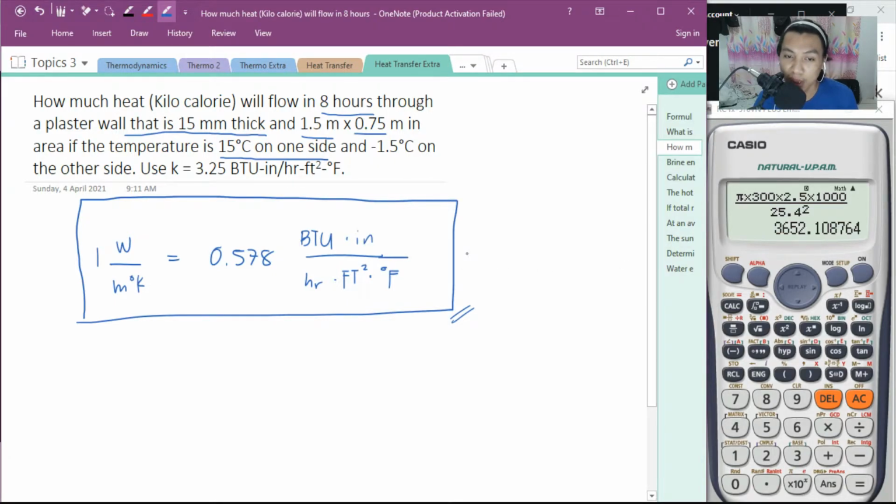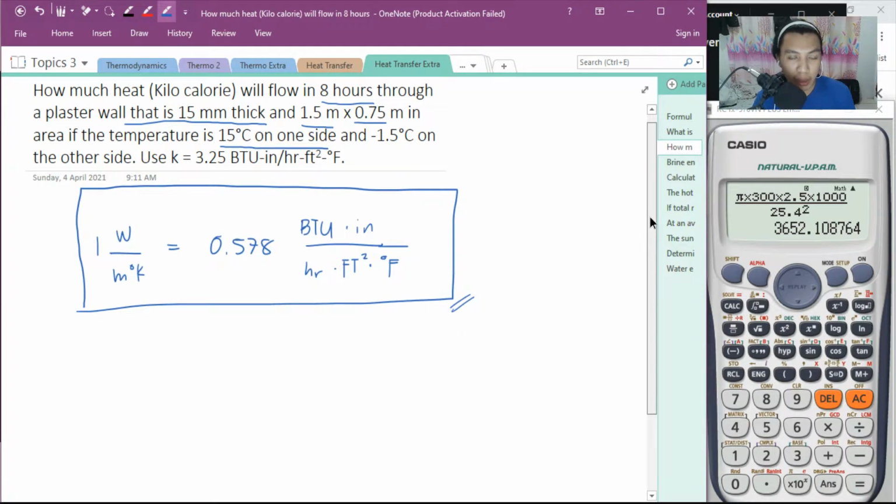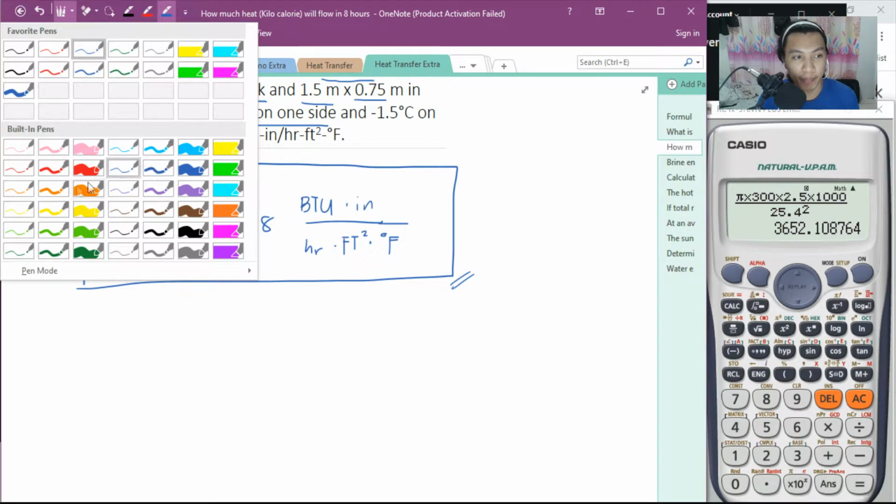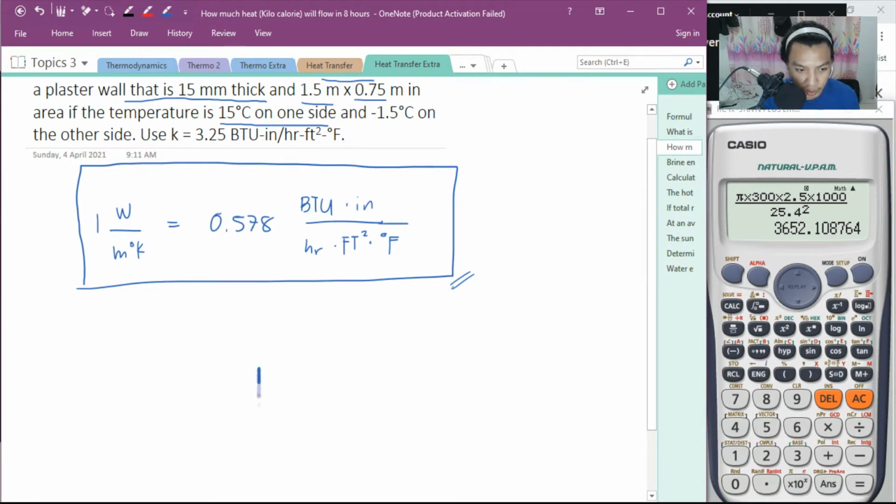All you have to do is to use this substitution. Okay? Yun na yun. Now, so kilocalorie ang kailangan natin. If this is conduction through wall, you have to first draw the diagram. First, draw the diagram. Okay? Ako lagi akong nagdo-drawing.